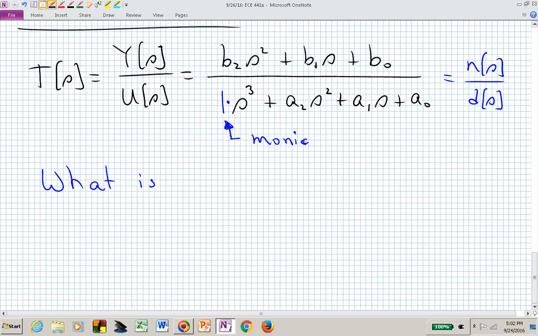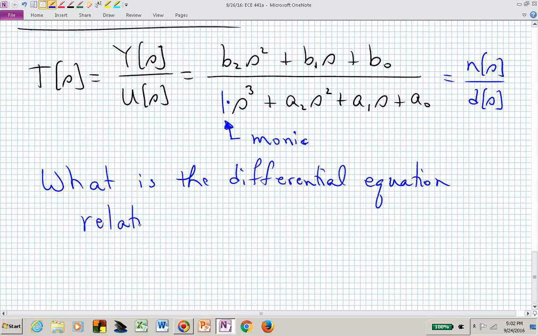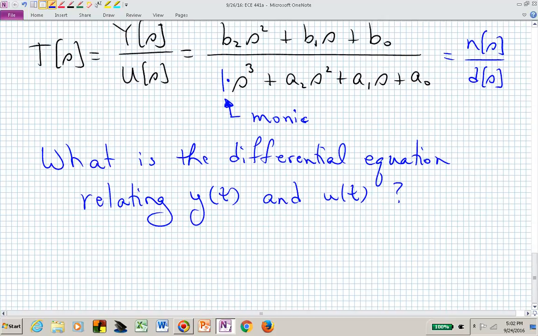So we're asking the question, what is the differential equation relating the output y of t and the input u of t? I hope you remember that we can obtain that simply by cross-multiplying to essentially clear the fractions.